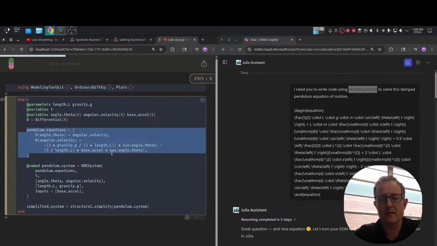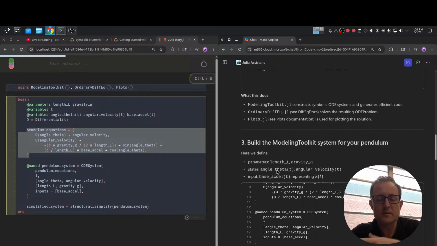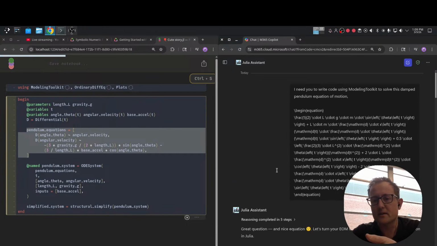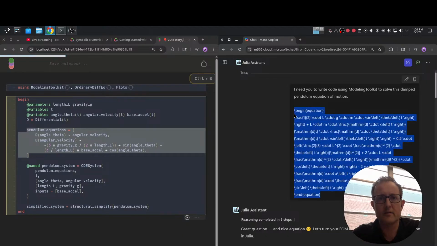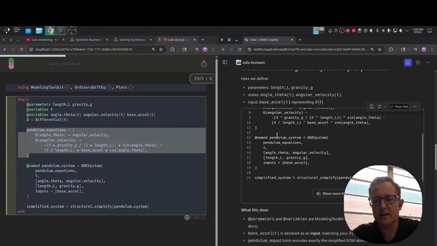So we should be able to go straight from a Lagrange definition, like kinetic minus potential, take some partial derivatives, and then turn that into an actual ODE system. So this one's kind of an intermediate step where I took the output from those couple of equations, pulling it in here.